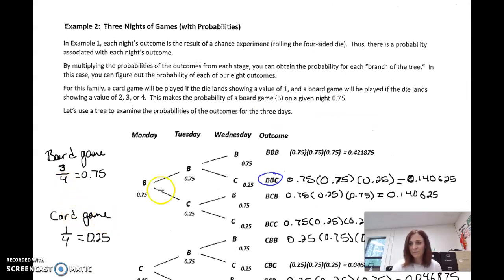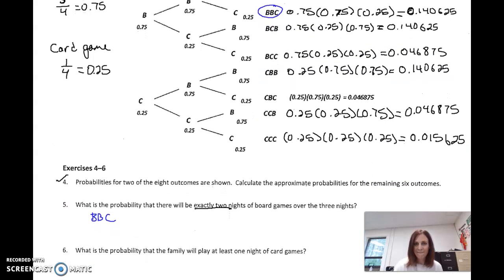Oops, sorry. Maybe I can do this. Okay, then this one, BCB. This one, CBB. And I think that's it.